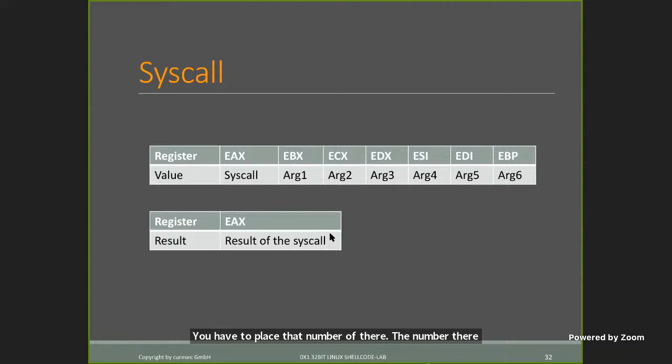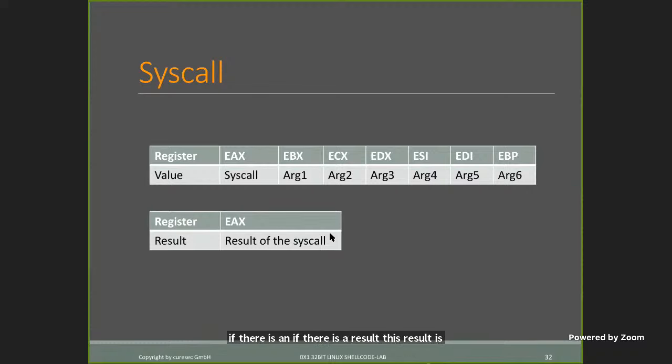Depending on how many arguments a call has, we have to place the values for those in the next registers. So the first argument goes to EBX, the second one to ECX, and so on. After a system call has been executed, if there is a result, this result is usually stored in EAX.